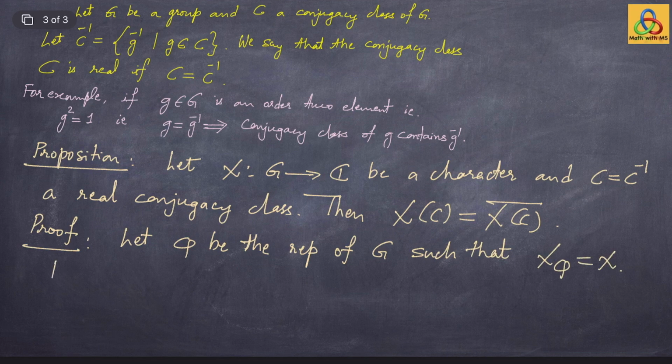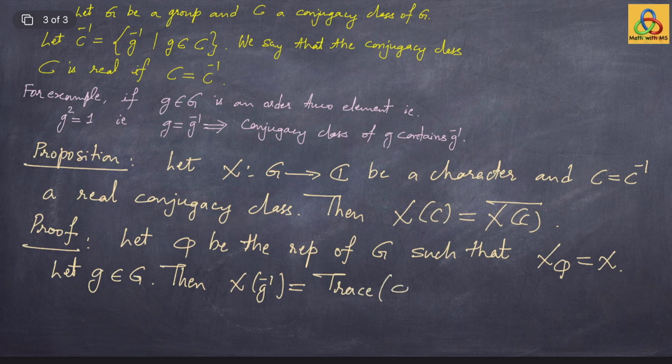And let us take an element g in the group G. Then observe the following. What is chi of g inverse? That by definition is the same as the trace of phi of g inverse. But since G is a finite group, without loss of generality, we can assume that our representation is a unitary representation. So each phi sub g is a unitary matrix, and therefore phi g inverse is simply phi g star, the transpose conjugate.